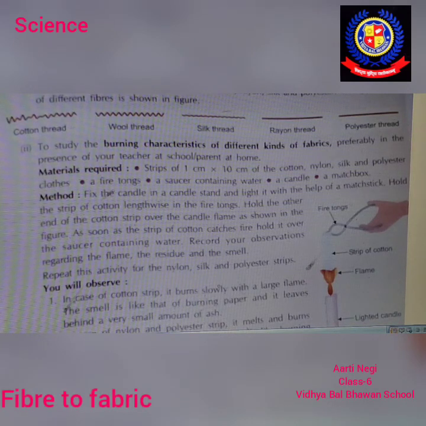So these are the different burning characteristics of different types of fabrics.